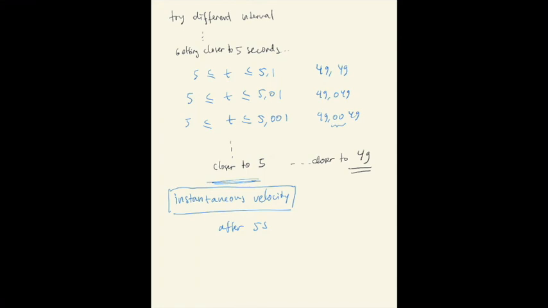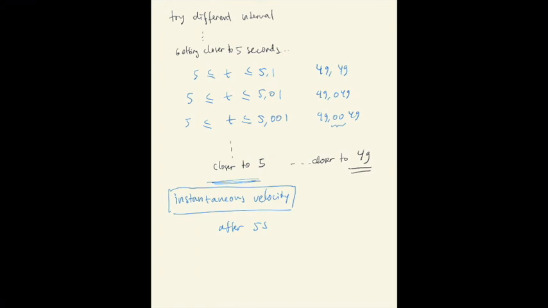But how it actually works is we are getting closer like this. We need to calculate exactly at 5 seconds, so we establish models with numbers closer to 5, see how different the results are, and see that they make a pattern.